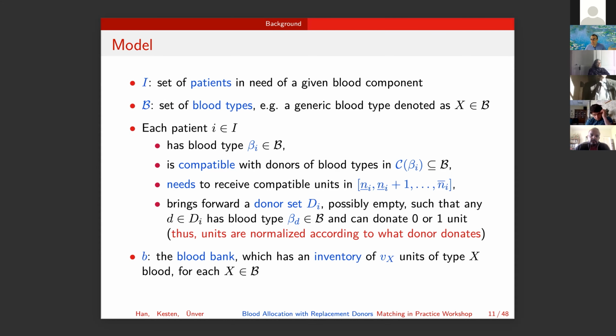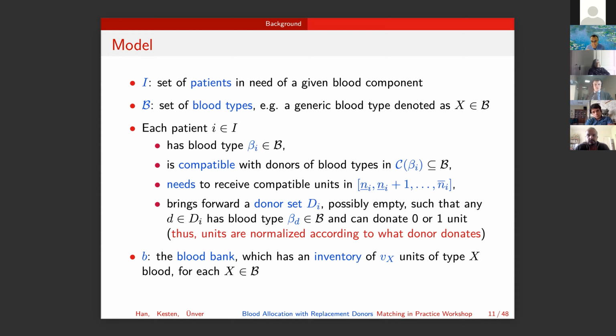There is a range, N_i lower bar and N_i upper bar, of compatible units the patient can receive. The patient brings forward a donor set D_i, which could be an empty set, such that for any donor d in the set, beta_d is the blood type of the donor. And we normalize what a donor can donate, either 0 or 1 unit.